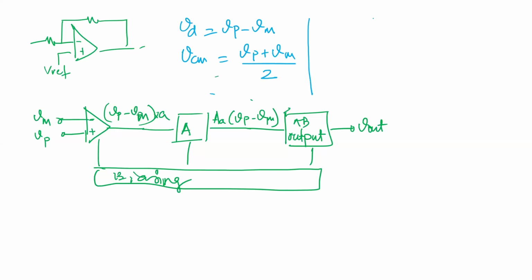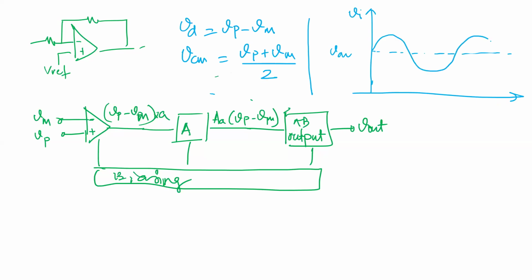And if I show the input, so let's say this is your Vi input, and this is time. And let's say this was my VCM. And then if I give, for example, a sine wave like that, and then let's say this is Vp, and then Vm, if I want to give a perfect differential voltage, I'll give it out of phase.